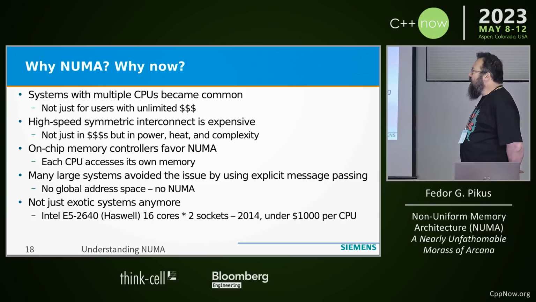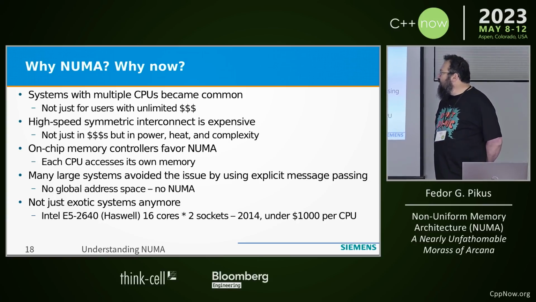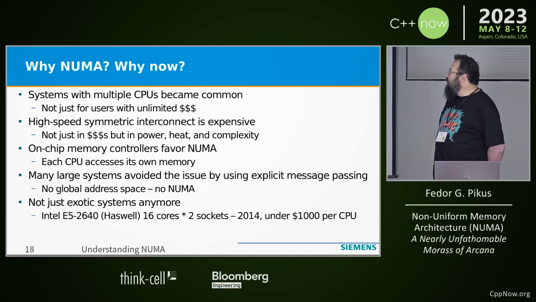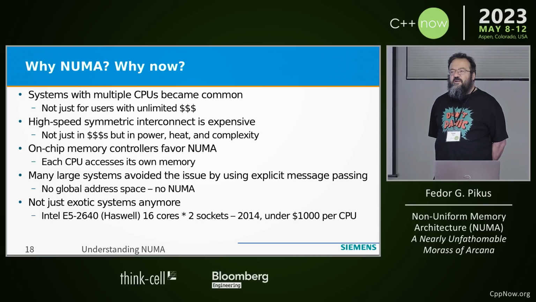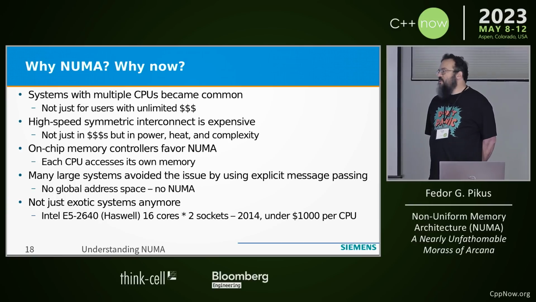High-speed symmetric interconnect is expensive. It consumes a lot of power. It's very complex. The big change is the memory controllers have moved to the die. And they naturally favor NUMA because if you have a memory controller on each CPU, it's hard to have uniform memory architecture if you don't have an external memory controller that would make the memory symmetric.